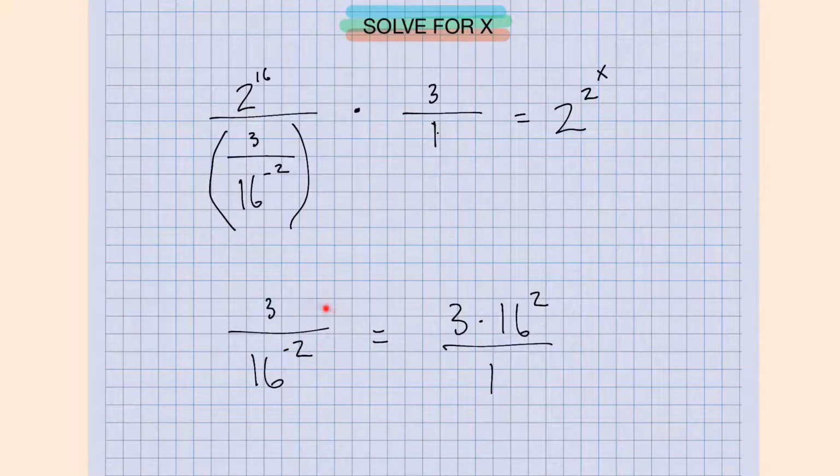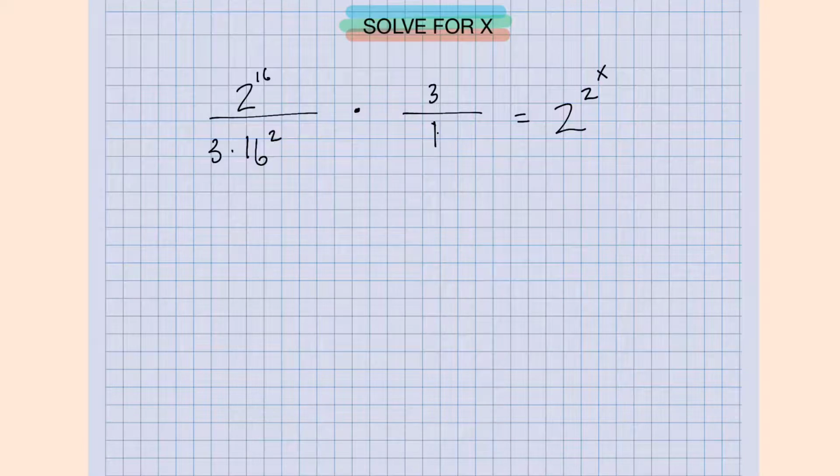It means you could flip-flop it along this division bar. So we just moved it up to the top. So what that means is that we could replace this with this. So we're going to erase this. And now we're going to call this 3 times 16 squared.